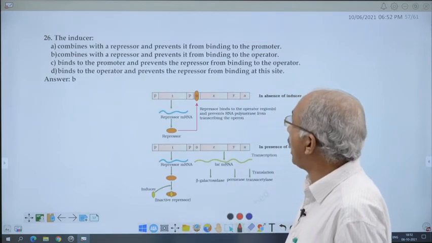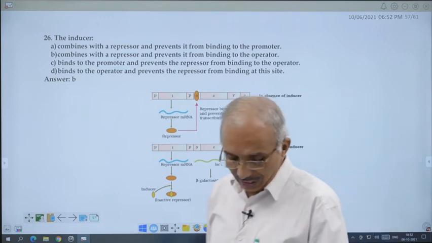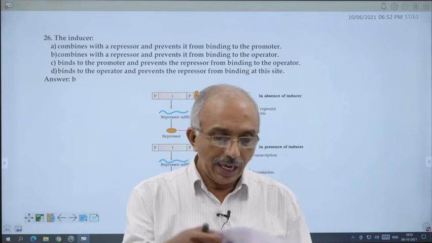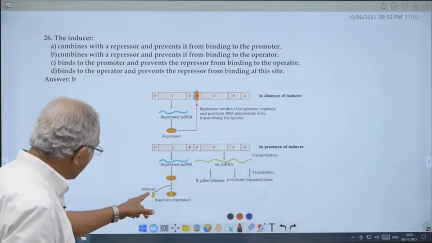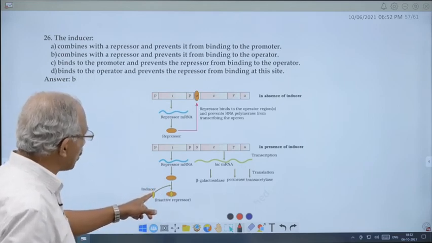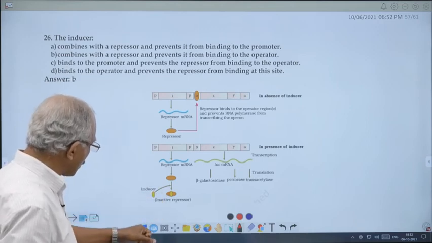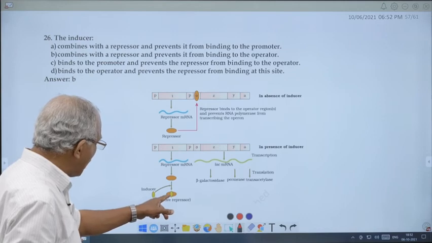Question 26, again related to the lac operon. What does the inducer do? In lac operon, the inducer is lactose.